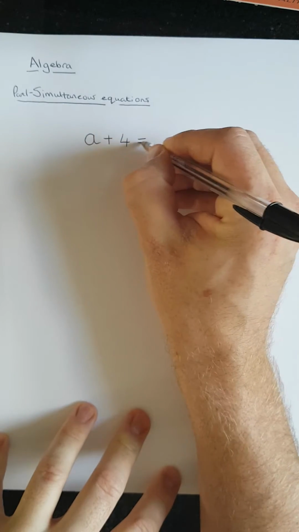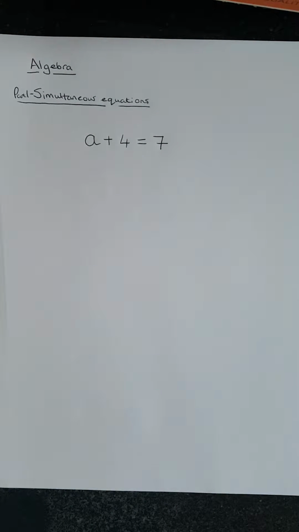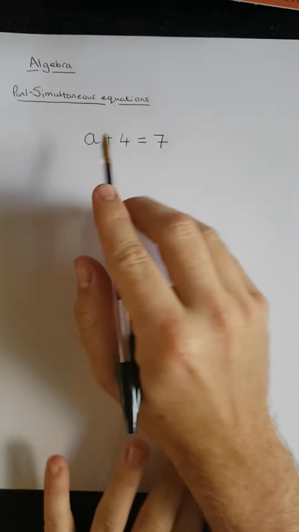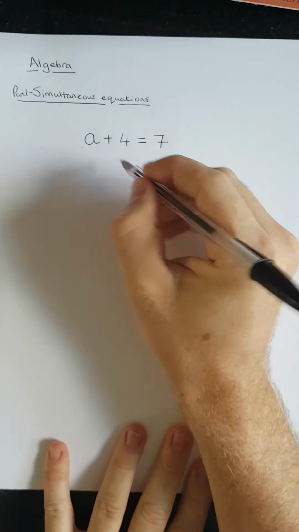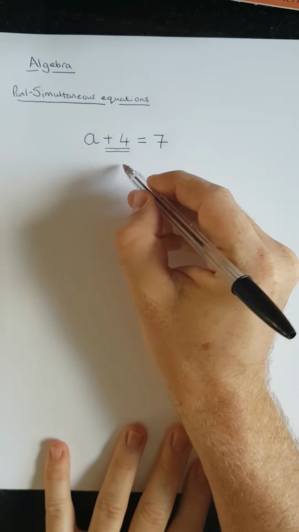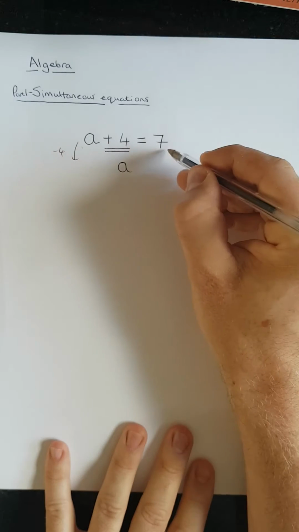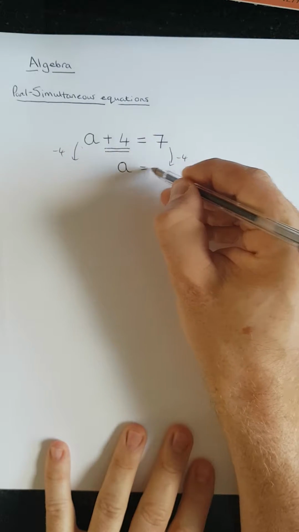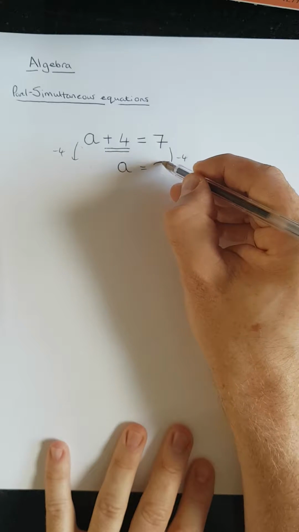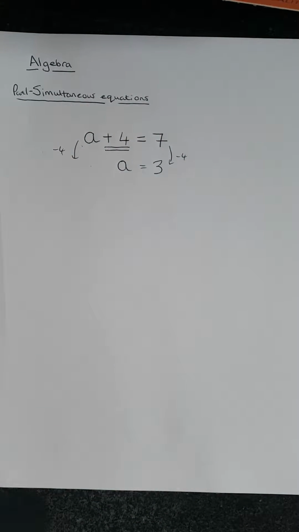If I asked you to solve this, you might either say A is 3, because you know that 3 add 4 makes 7, or you might say that I subtract 4 from both sides to eliminate the plus 4 by doing the inverse operation. Either method is fine.